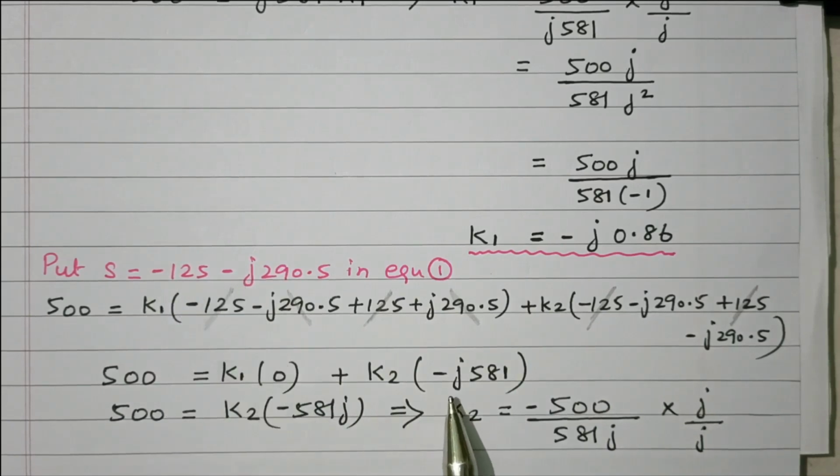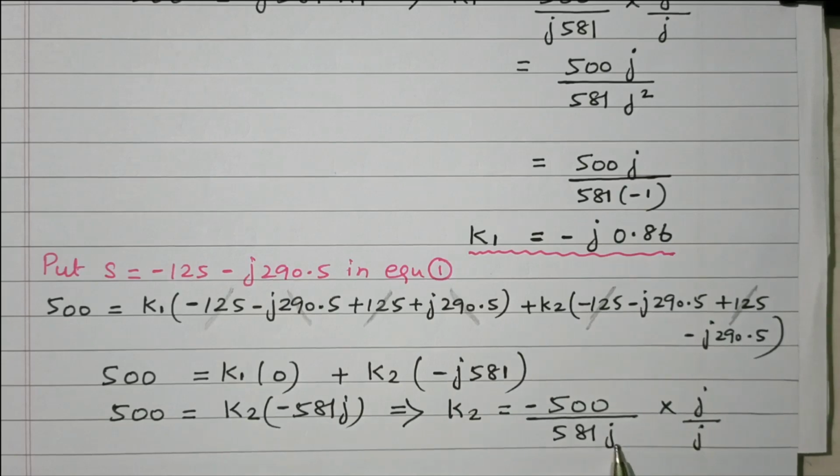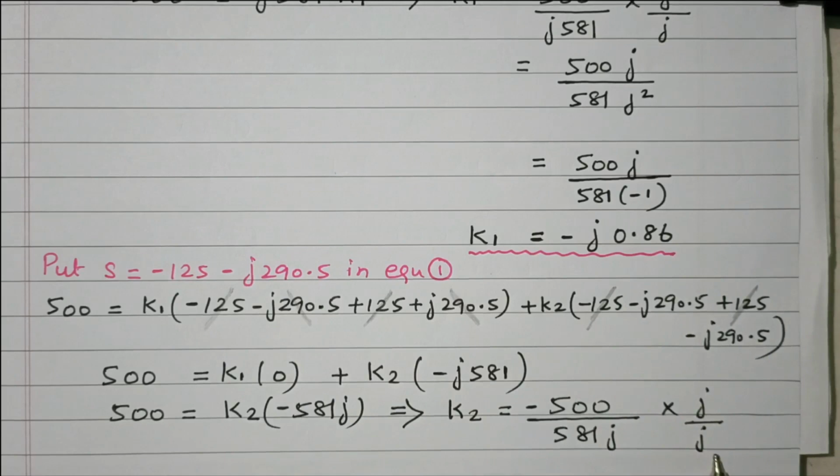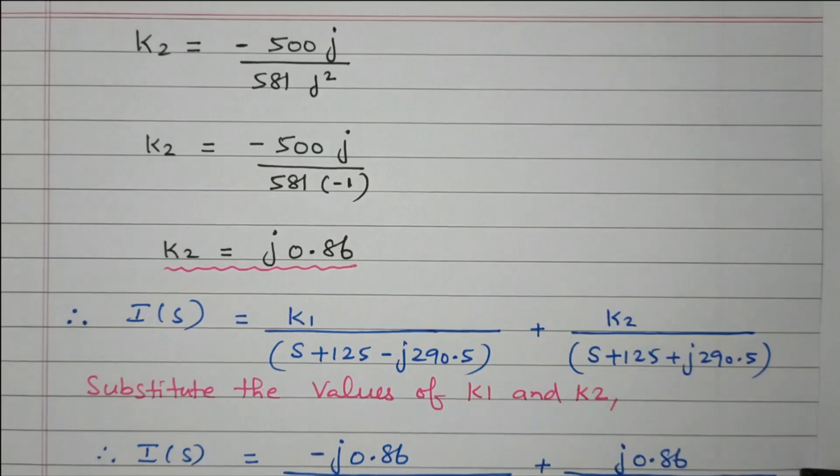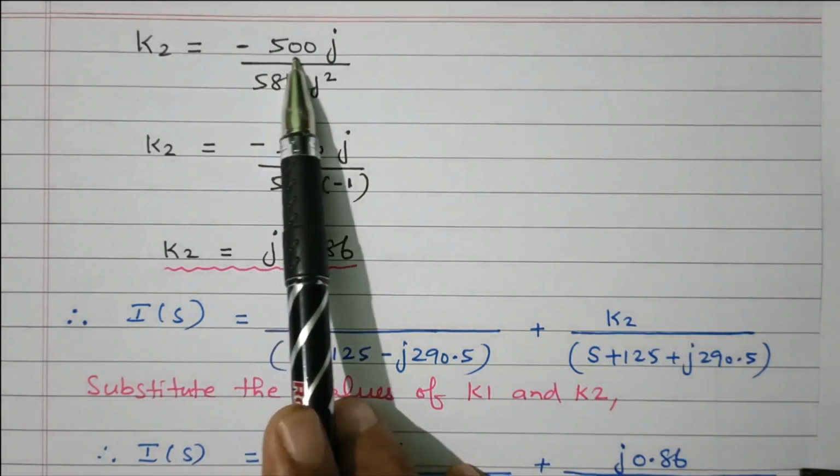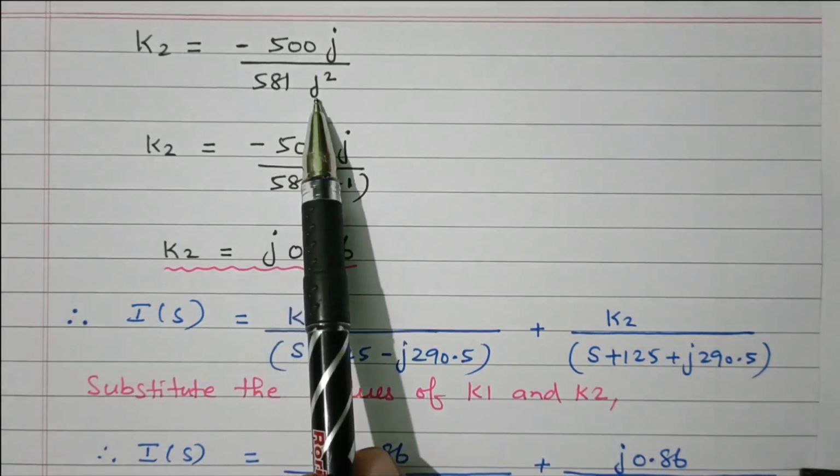Now here also the same thing. Here minus J 581 is available. So 500 equals K2 into minus 581 J. So K2 equals minus 500 divided by 581 J. Here also we multiply and divide by J. Now we'll go for further simplification. So that is 500 J divided by 581 J square.